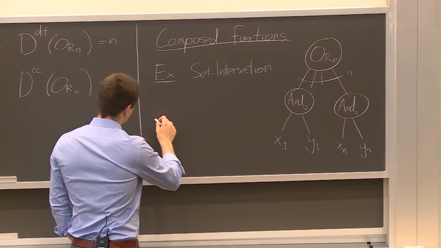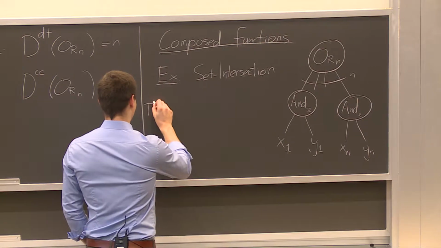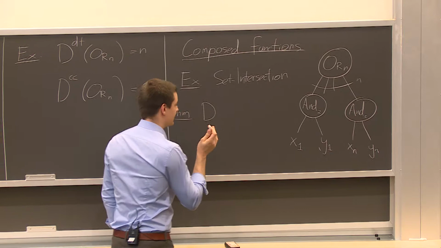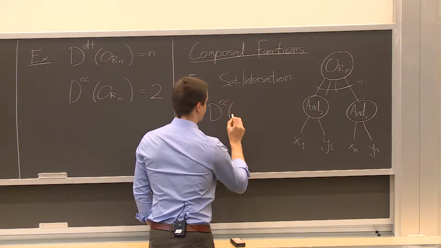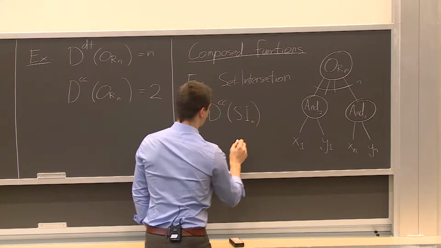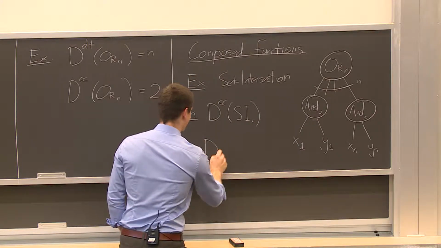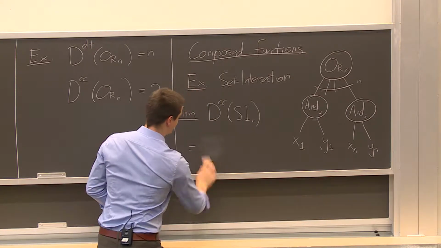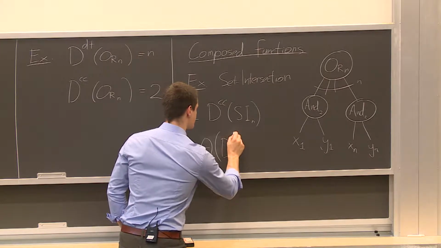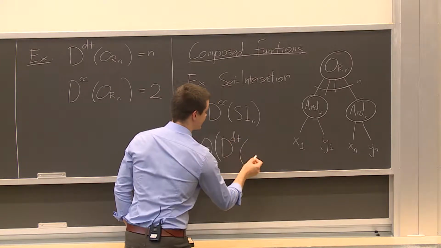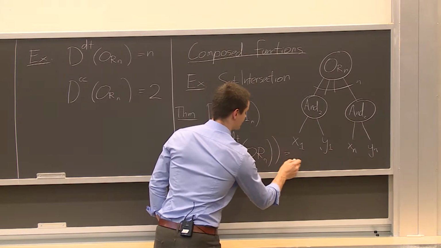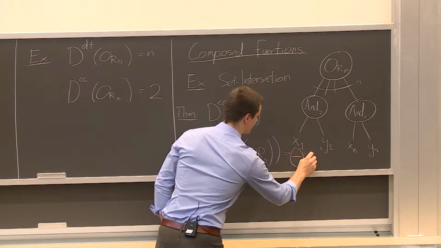It's a very famous theorem that the deterministic or even randomized communication complexity of this set intersection function is, up to constant factors, the same as the decision tree complexity of the OR function, which is just order n.